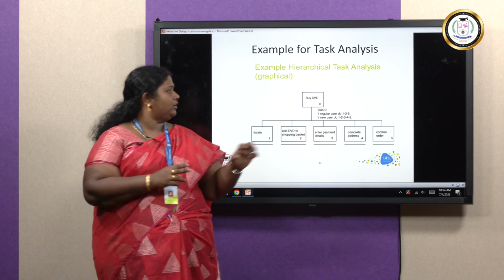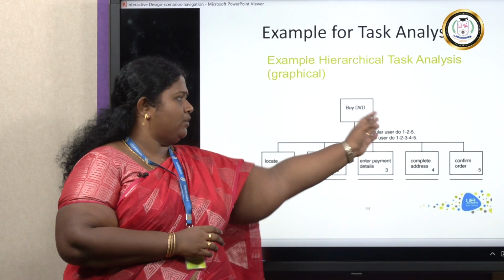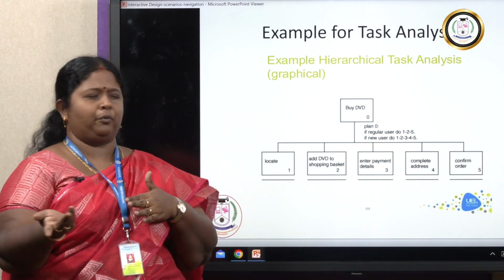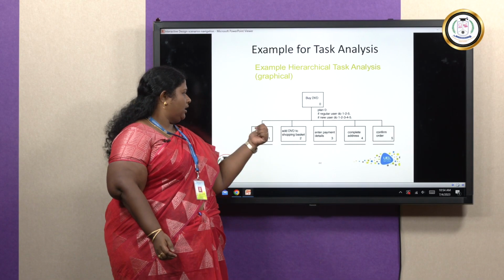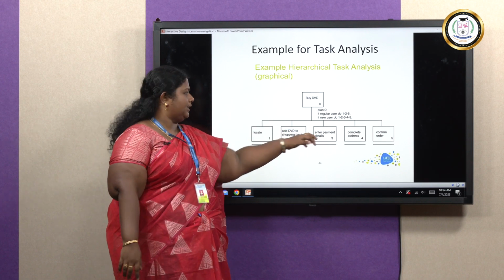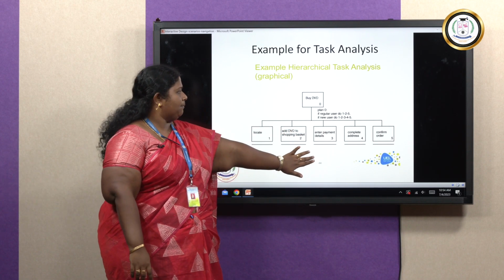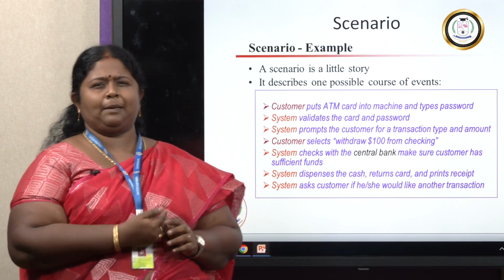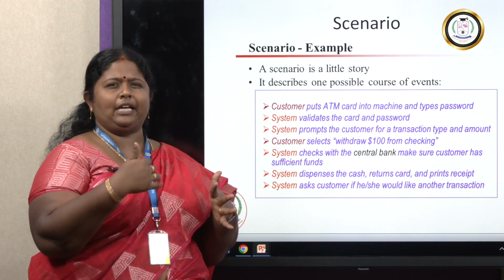Here there are two flows, either a regular user or a new user. Regular user, meaning regularly we go with it. So what would be the order? Locate it, add it, confirm. If it's a new person, he will add the payment details and complete the address. Scenarios are nothing but step-by-step instructions of what actually happens.